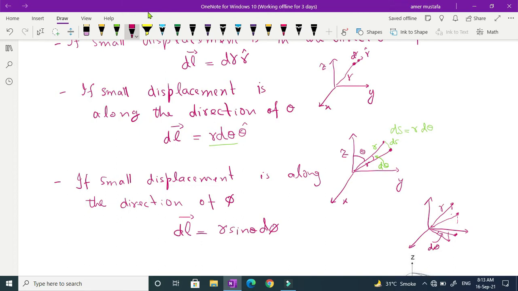What is the length of this line? Remember spherical coordinates. The length of this line is equal to r sine theta.